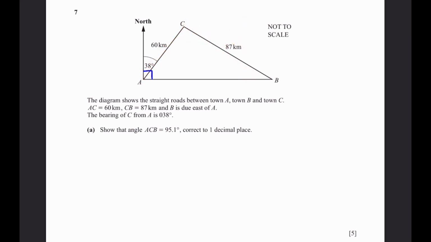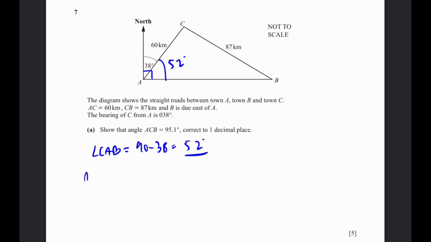So first of all, we have this 90-degree angle. So that means we can calculate angle CAB, because we have 38 degrees as well. So 90 minus 38, which is equal to 52 degrees. Now we can use sine law to calculate this angle here and then subtract to get that angle.